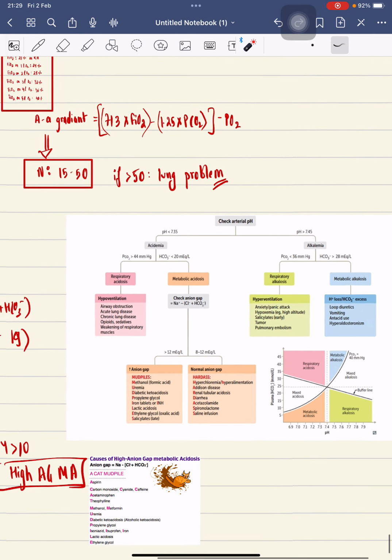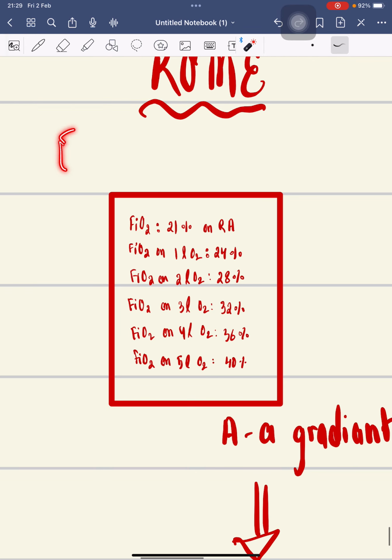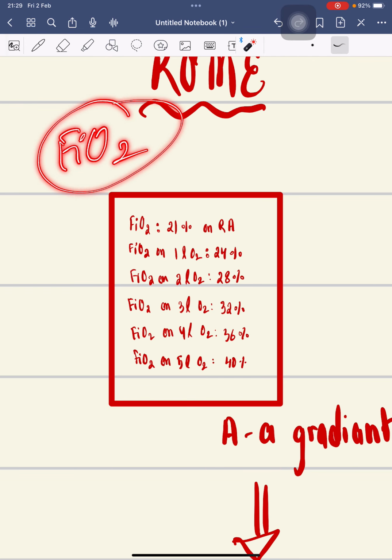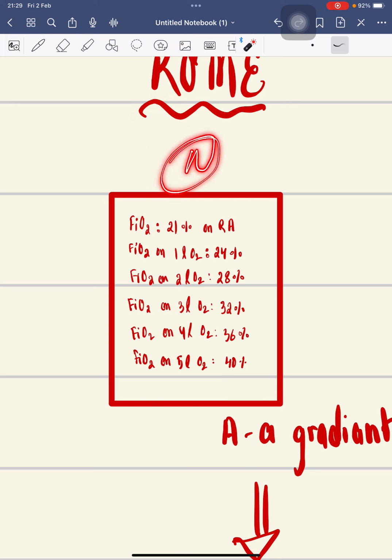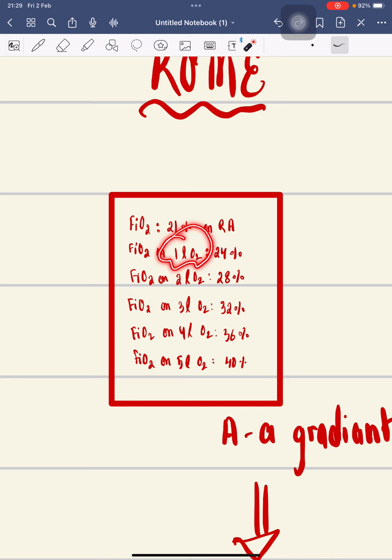Now let's discuss FiO2. FiO2 means fraction of inspired oxygen. In normal room air, the FiO2 is 21%, but if we give the patient 1 liter of oxygen, it becomes 24. If 2 liters, 28. If 3 liters, 32. If 4 liters, 36.